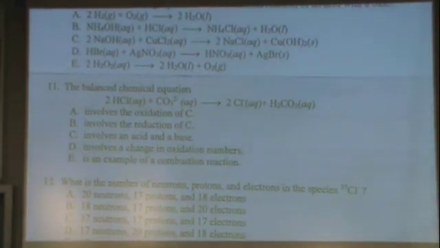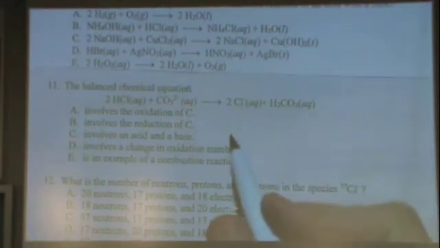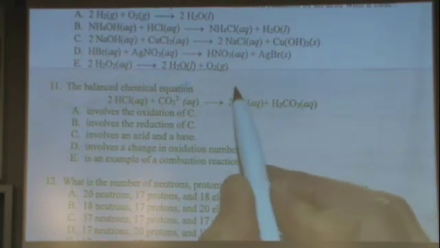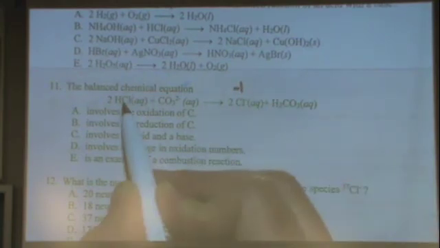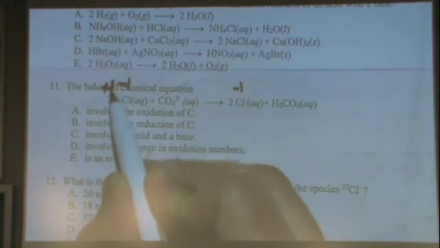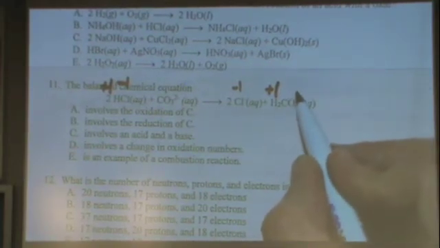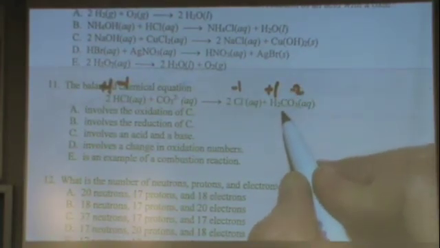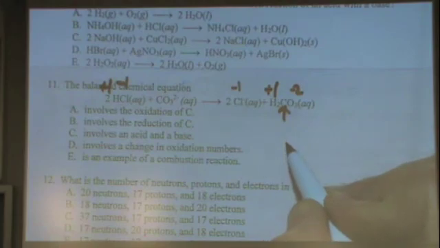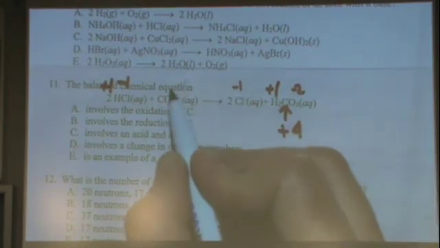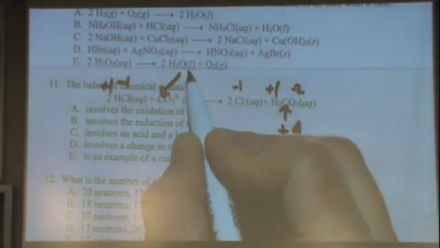This involves oxidation, reduction, or whatever. Let's see if it involves oxidation or reduction. This is -1. What's the charge of chlorine right here? -1 also. Hydrogen would be +1. It'd also be +1 here. What's the charge on oxygen? -2. What's the charge on carbon? +4. What's the charge on carbon here? +4 also.